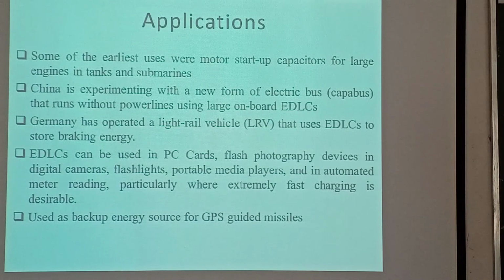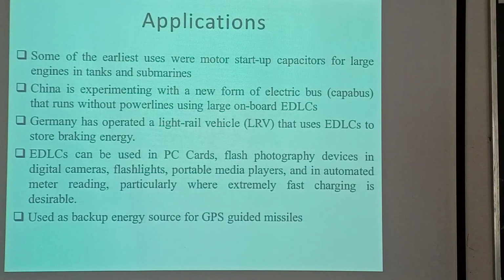Some of the earliest uses were motor starter capacitors for large engines in tanks and submarines. In power lines, Germany has operated a light rail vehicle, called LRV, that uses EDLC, that is, electric double layer capacitors, to store braking energy.